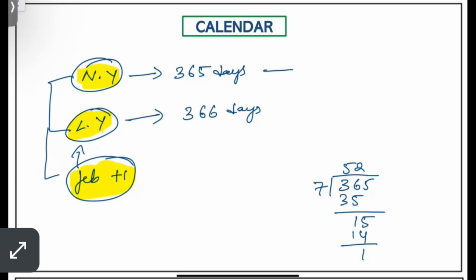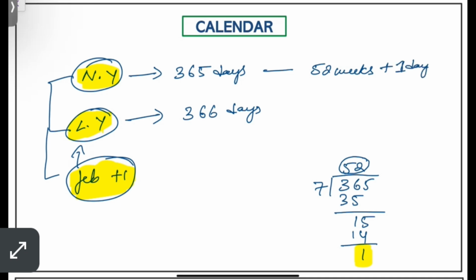So this one here is nothing but the number of weeks: 52 weeks. We know that in a year there are 52 weeks. But we have a remainder here. That means we have 52 weeks plus 1 day.